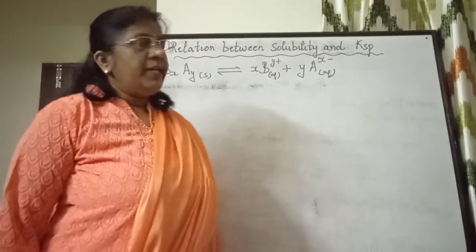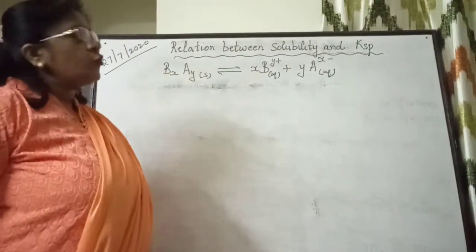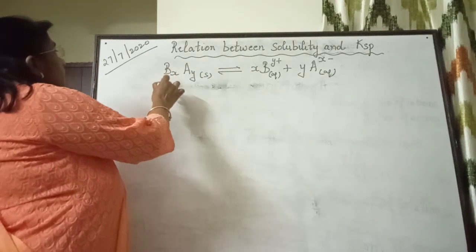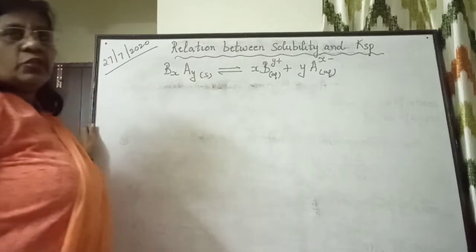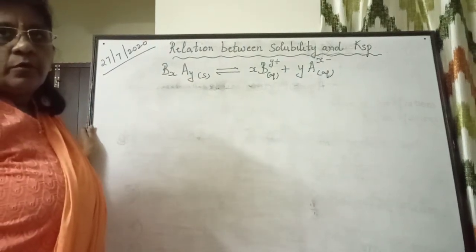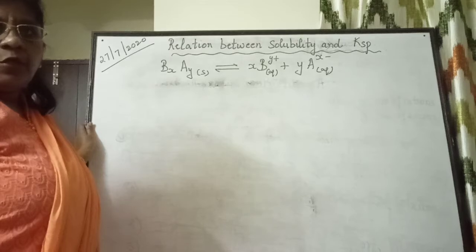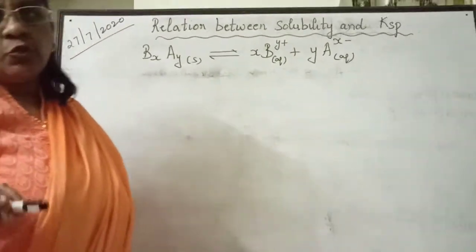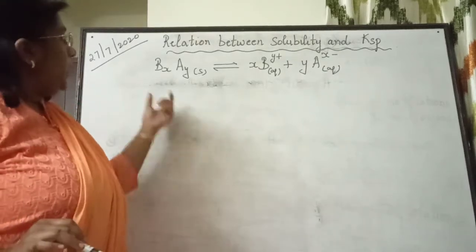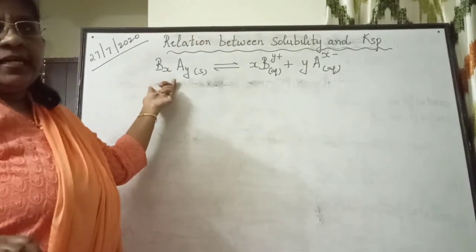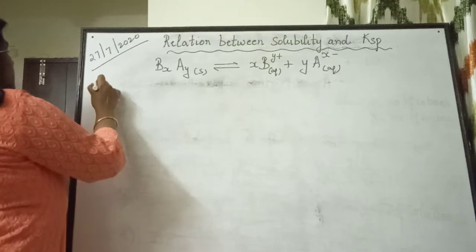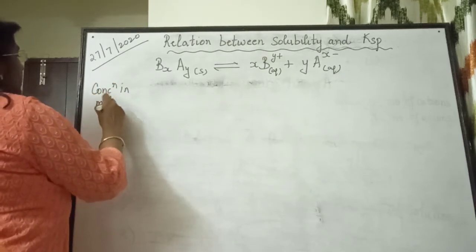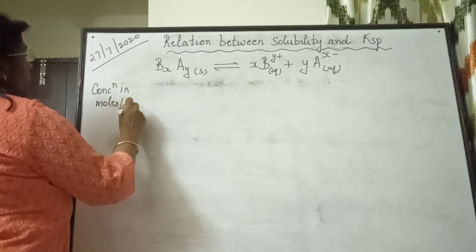Now let us study the relation between solubility and solubility product. Consider a binary sparingly soluble salt BxAy to be dissolved in water to prepare a saturated solution. Its solubility is taken as S, concentration in moles per dm cube.